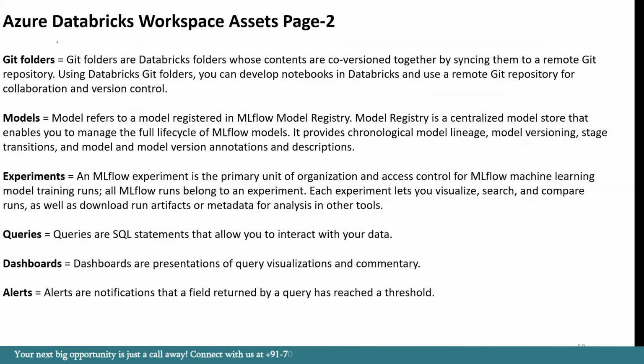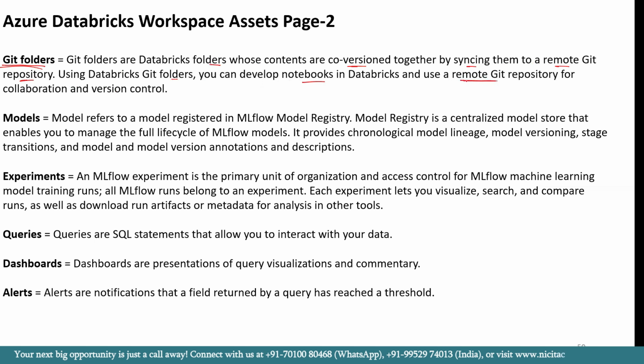The next type of asset in Databricks is Git folders. You can also have Git folders and use your code there. Git folders are Databricks folders whose contents are co-versioned by syncing them to a remote Git repository. Using Databricks Git folders, you can develop notebooks in Databricks and use a remote Git repository for collaboration and version control.